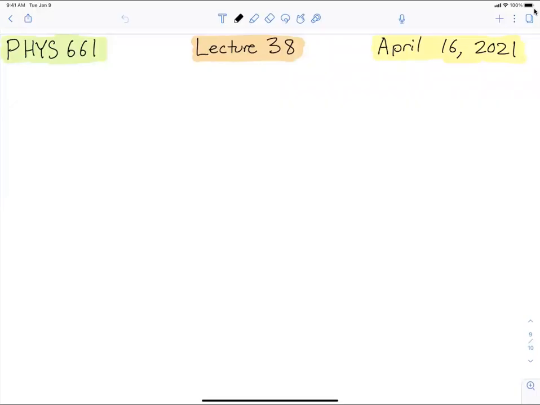Okay, good morning, everyone. So last time we were talking about the partial wave expansion for scattering. This applies to spherical potentials, which are very common.